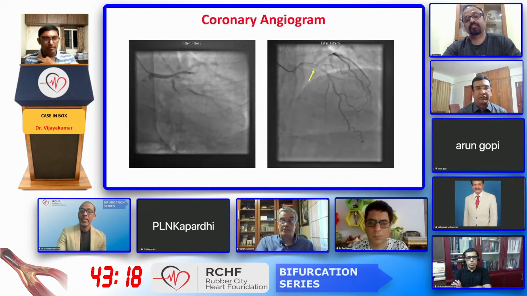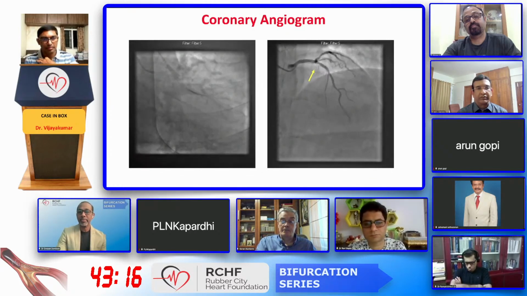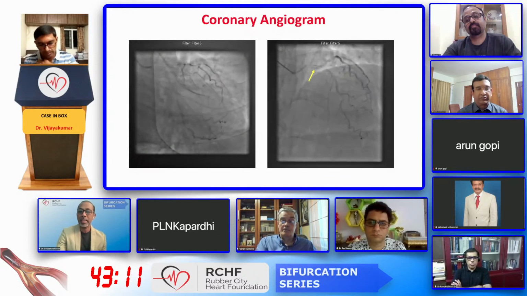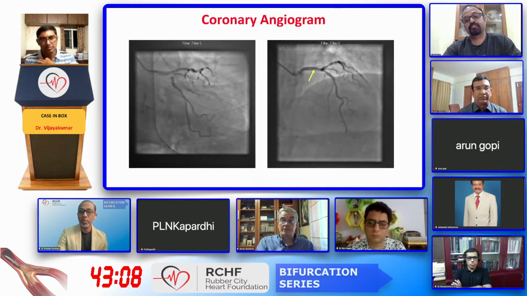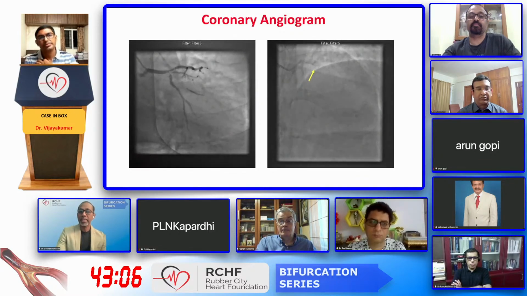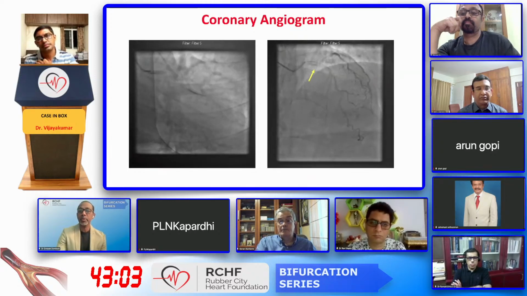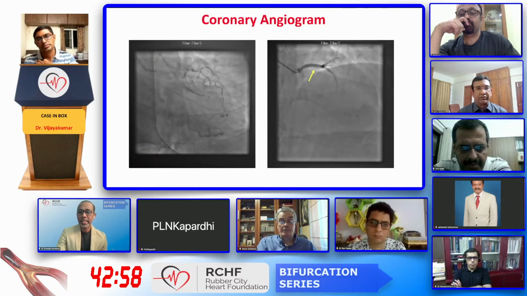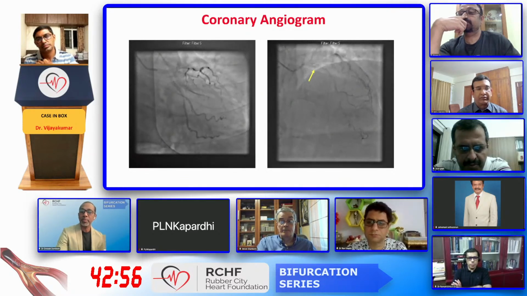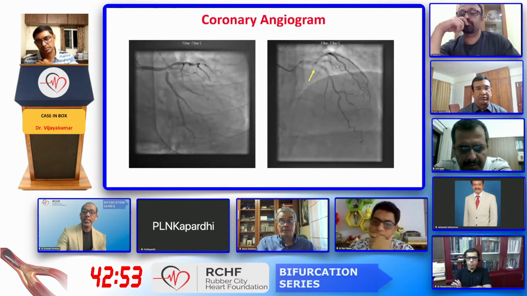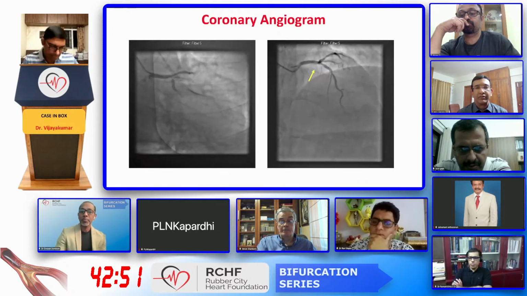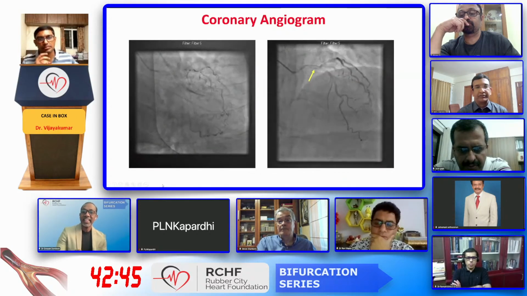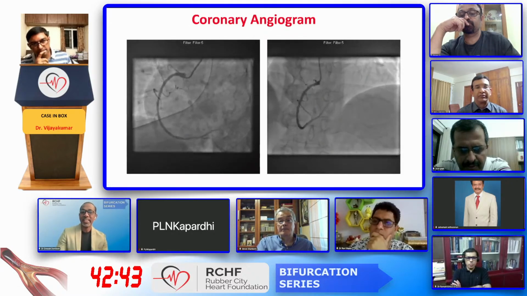But if our plan is to go straight away with stenting from the circumflex into the left main, you need to protrude the stent maximally into the left main, so that you have an adequate amount of stent for a POT. But ultimately, when you end up with a 2-stent strategy, you have too much stent, too many layers of stent inside the left main, so the chances of future restenosis will be more. So what I had in mind was to decide on whether we are going to address the LAD with a second stent right from the beginning, rather than starting by stenting the circumflex and then deciding.